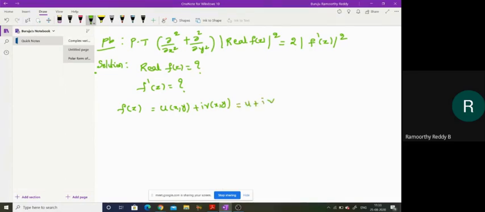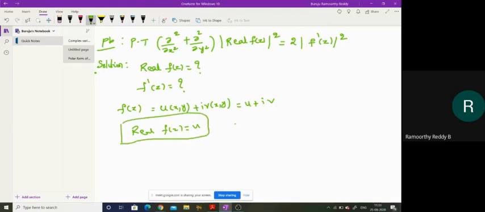So real of f of z is nothing but the real part of f of z, which is u. So it is clear, right?